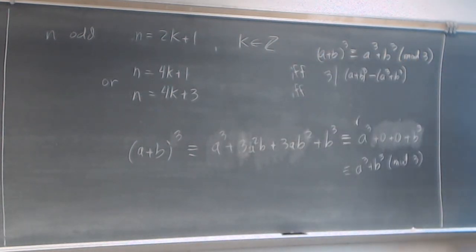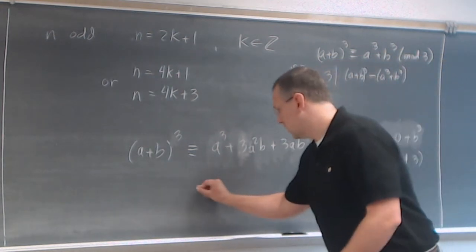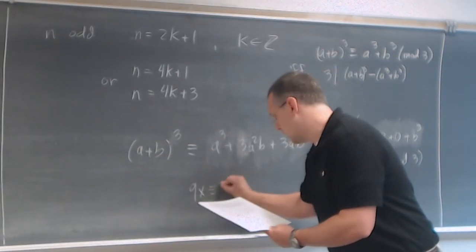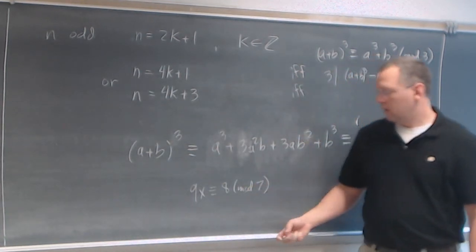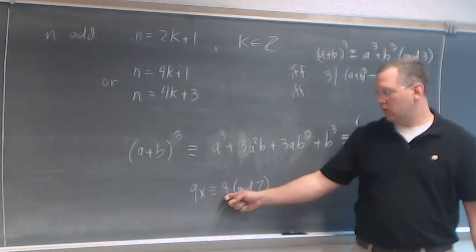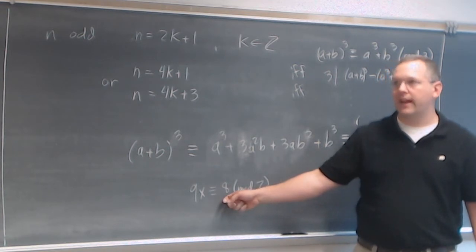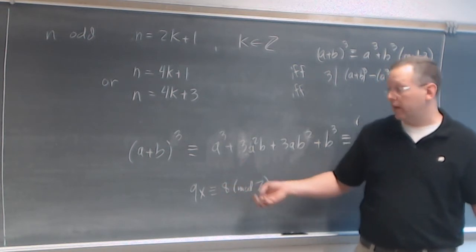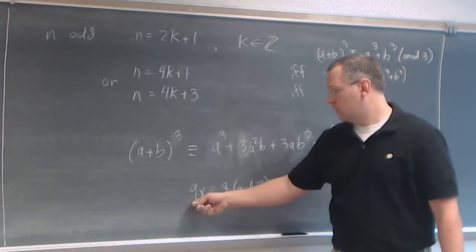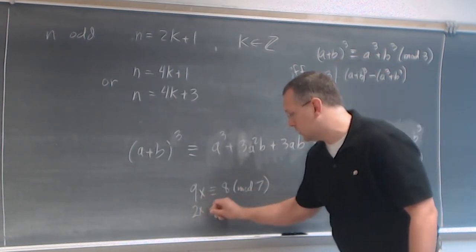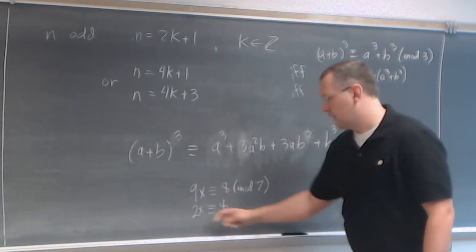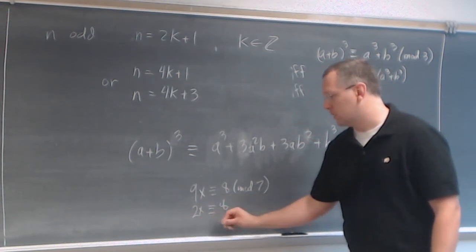On number 6, there's 9x congruent to 8 mod 7. Some people kept adding multiples of 7 to 8 until it was divisible by 9, which is fine. Some people subtracted 7 from 9 and wrote this as 2x, and then you can divide both sides by 2.